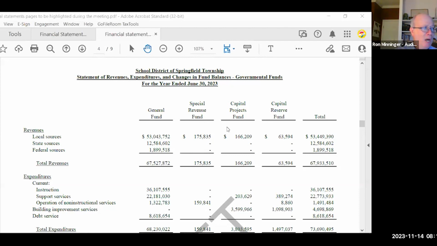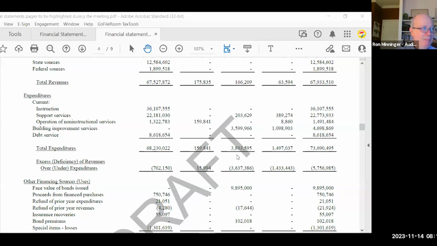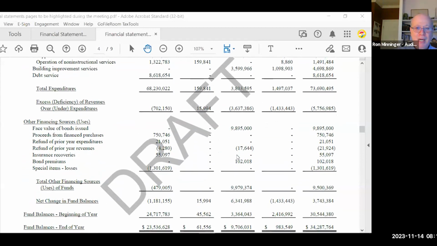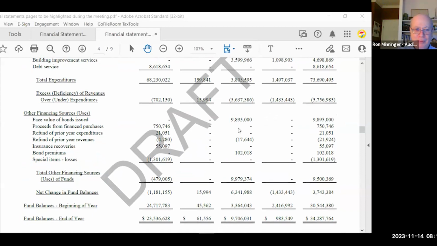Now the capital projects or bond fund, current year expenditures total $3.8 million. You floated a bond in the amount of $9.8 million, so that's shown as money coming in as another financing source.